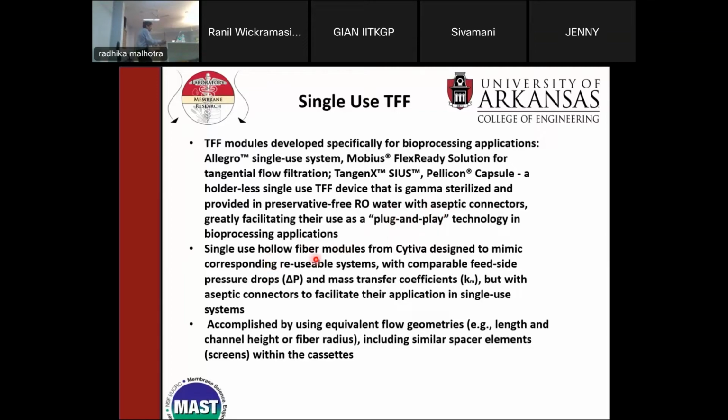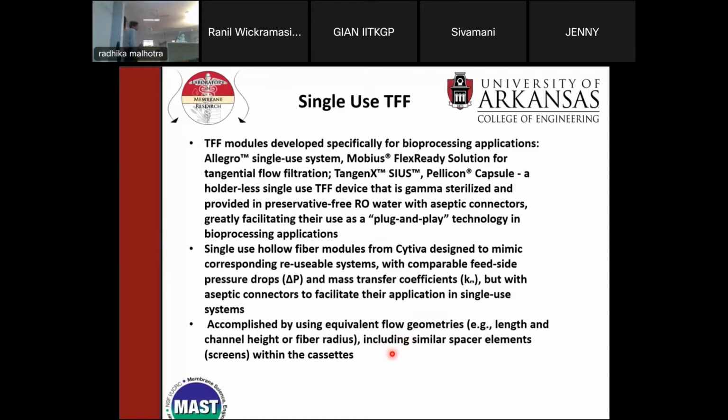Single-use hollow fiber and flat sheet modules from Cytiva are designed to mimic corresponding reusable systems, with comparable feed-side pressure drops and mass transfer coefficients, but with aseptic connectors to facilitate their application in single-use systems. By using equivalent flow geometries, length, and channel height, including spacer elements, basically you're trying to model what happens in a reusable device, but in a single-use device.